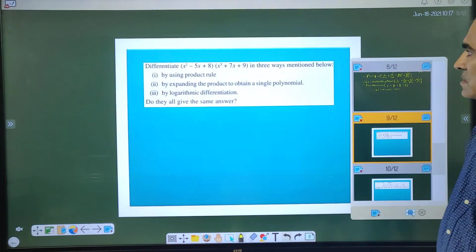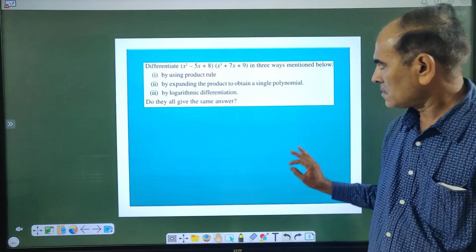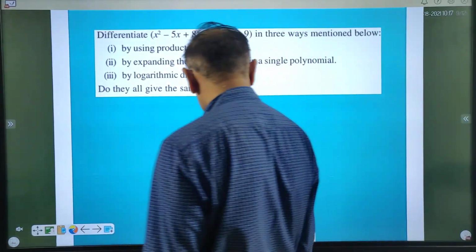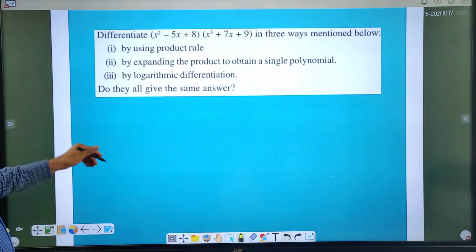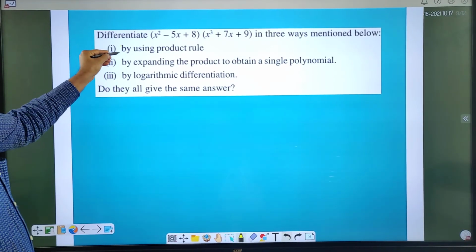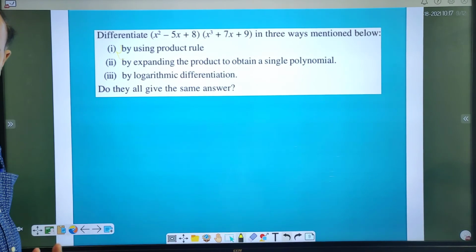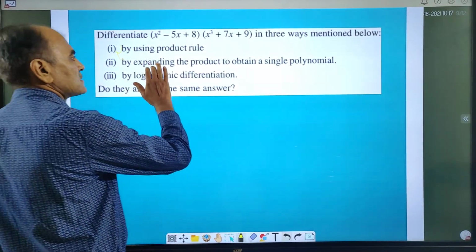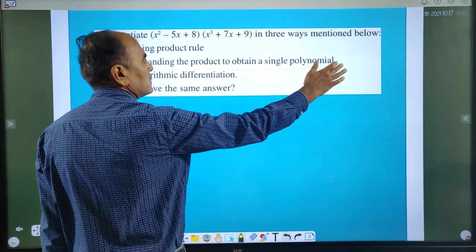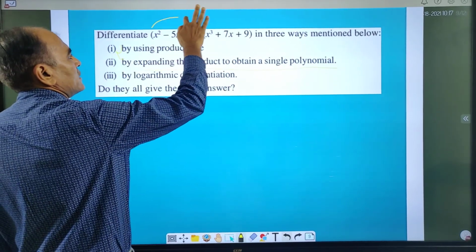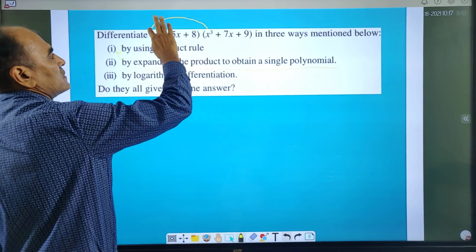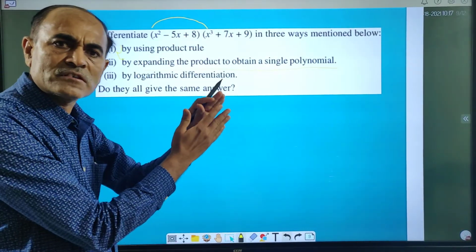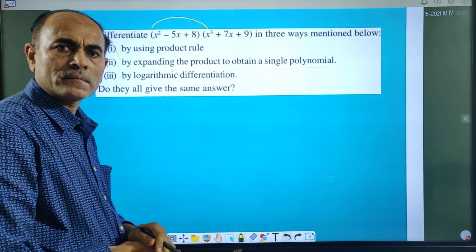Next one. See here. Here we want to differentiate this function in 3 ways below. First, by using the product rule, say u and v. Then by expanding the product, that means take x square into x square, x cube into x cube, x square into 7, take the usual simplified form.